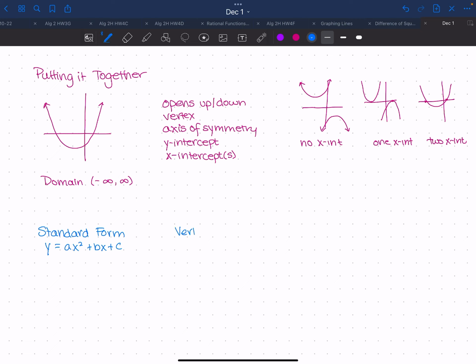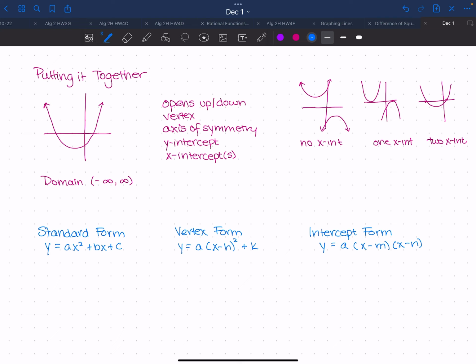We also looked at the vertex form, which is y equals a(x minus h) squared plus k. And then there's something called intercept form, which is y equals a(x minus m)(x minus n).